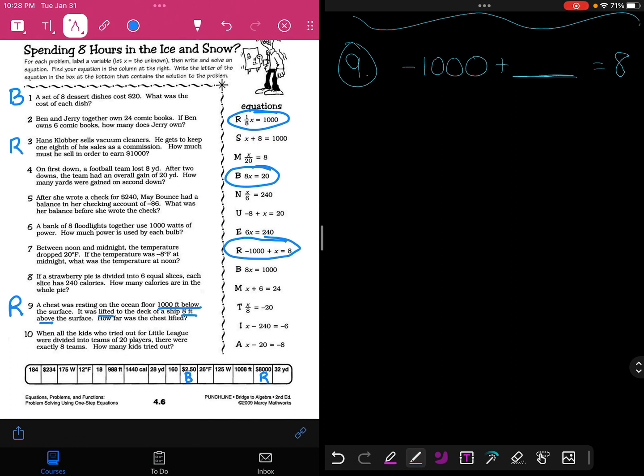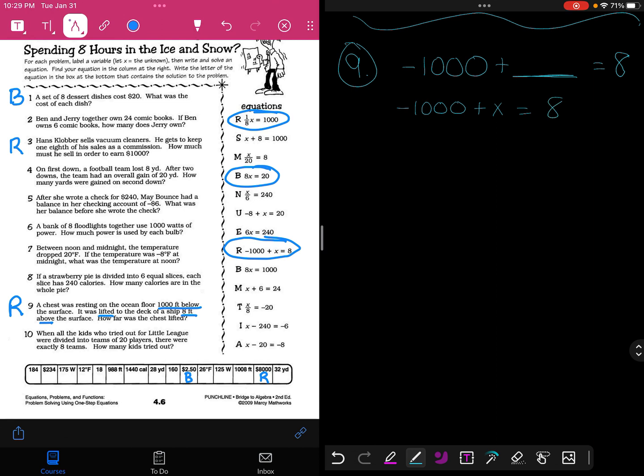And yes, you will use some of these different letters different times, but they have different answers that go with them. So you'll see that in a minute. All right, so we need to solve this. So I know that if I'm adding to this, it's going to look like negative 1,000 plus x equals 8.